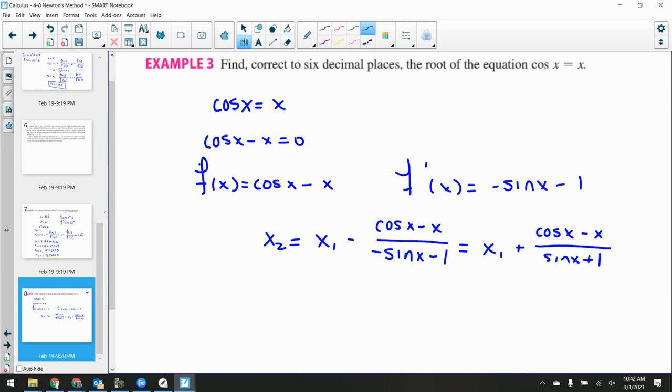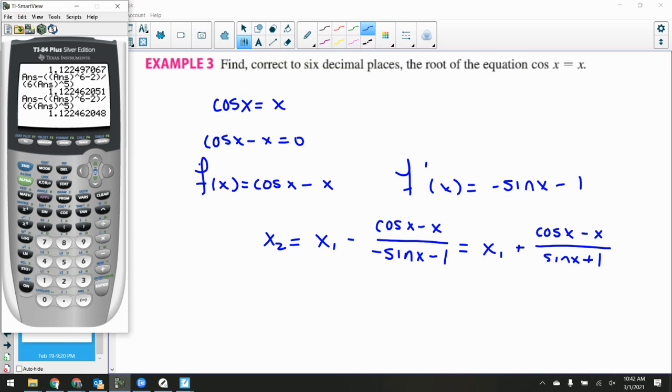Okay, so where do we start? Where do I find x1? Well, the book says maybe let's try to find graphically where these things end up, like cosine of x and just x. Let's make this a system of equations and see where these things cross.